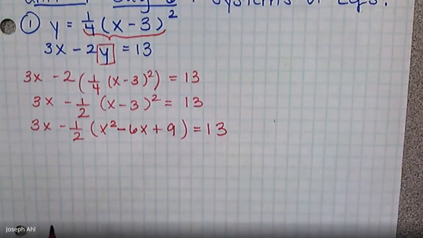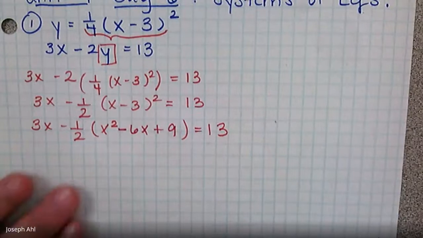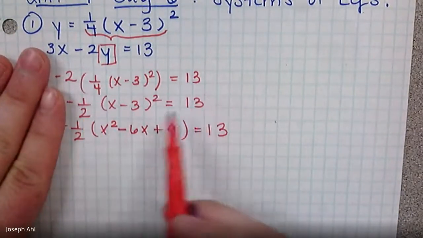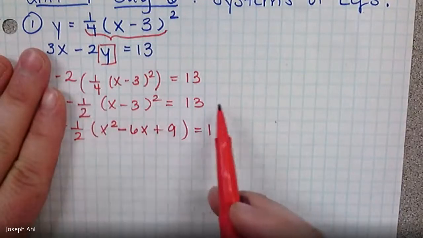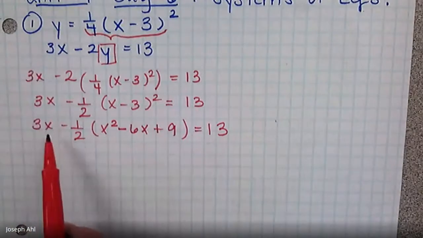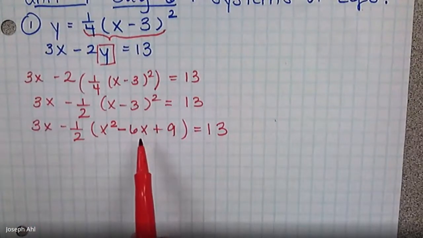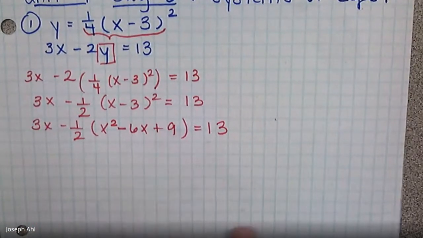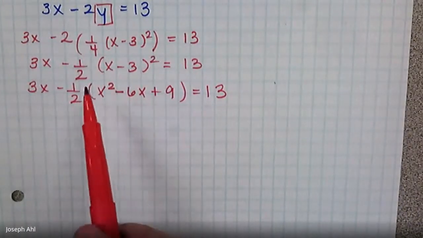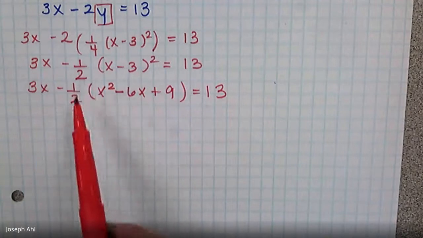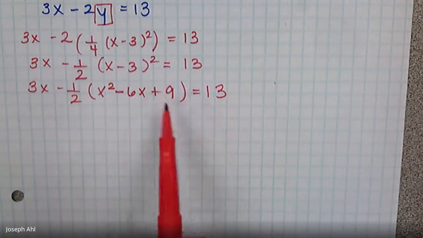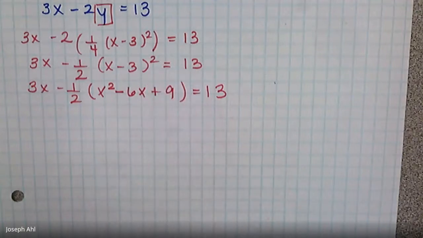Now, by the way, if that 3x wasn't there, I probably would have multiplied both sides by -2 to get rid of this -1/2. But I know that I'm going to eventually have to combine like terms with the 3x and this middle term. Before I do that, I don't love dealing with fractional coefficients, and that's exactly what's going to happen if I distribute a -1/2. You're going to get -1/2 x squared, and also a -9/2 at the end.